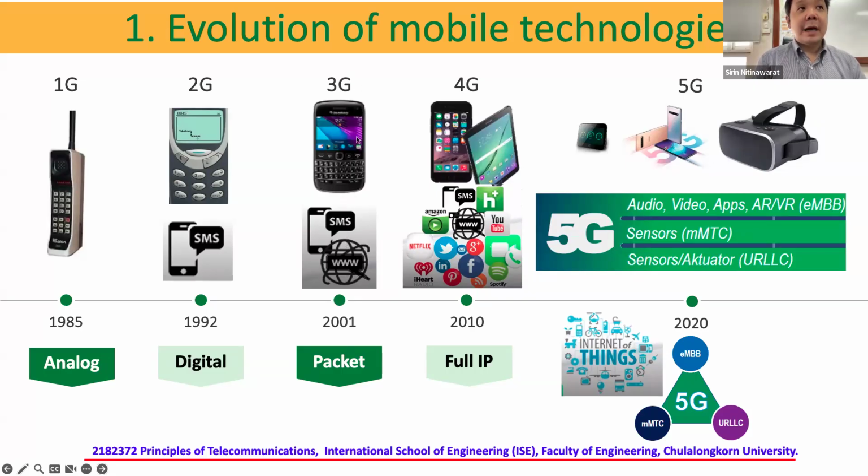But as I said, the voice traffic is still going through the legacy home telephone network in 3G. The convergence of both voice and data traffic all over the internet started from 4G, which we already mentioned last week.